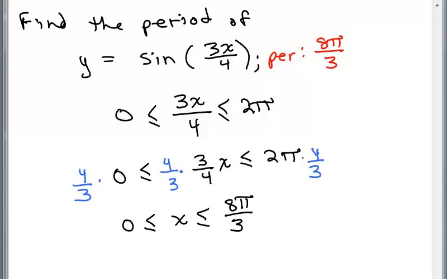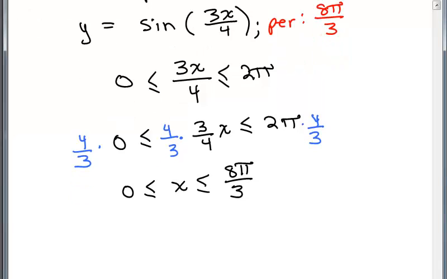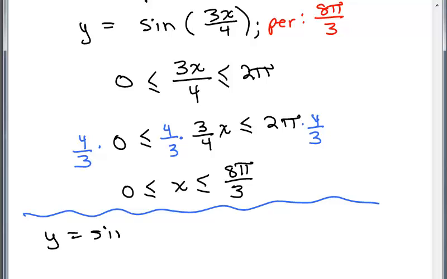So here's the problem we just did. Find the period of y equals sine of 3x over 4. In this case, what is b? All right, so let's just do this problem again. We're trying to find the period of y equals the sine of 3x over 4.